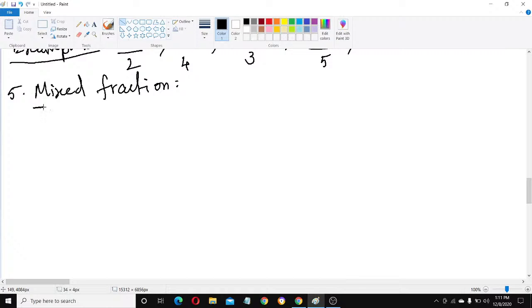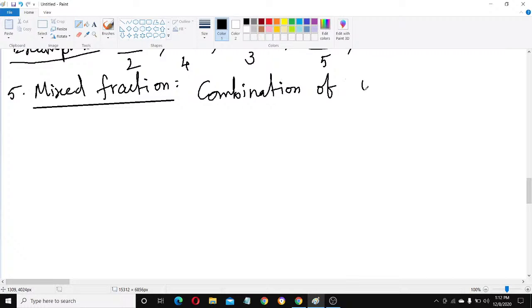What is mixed fraction? Mixed fraction is a combination of whole number and proper fraction.